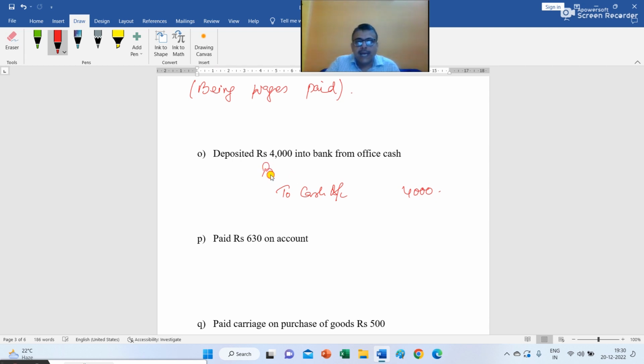Now in bank. So bank account debit rupees 4000 to cash. So when you are depositing cash into bank, you have to write the journal bank account debit to cash, and your narration is being cash deposited into bank.